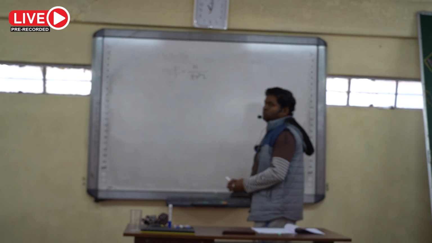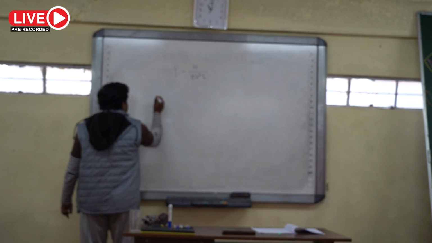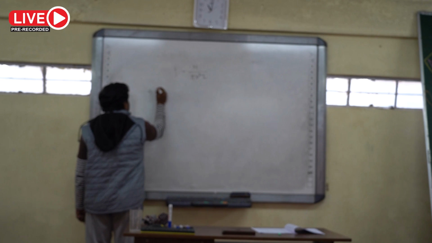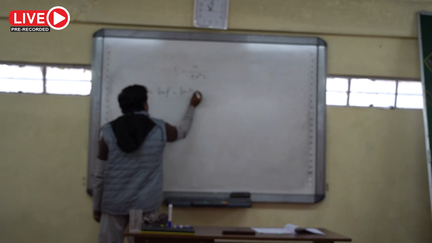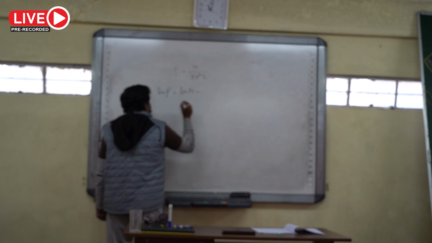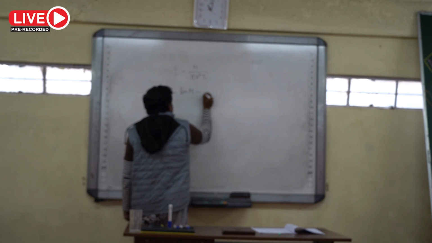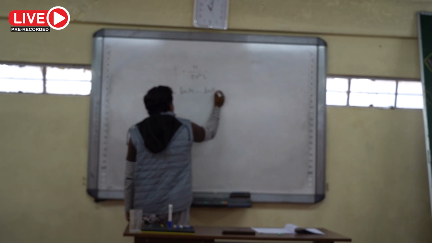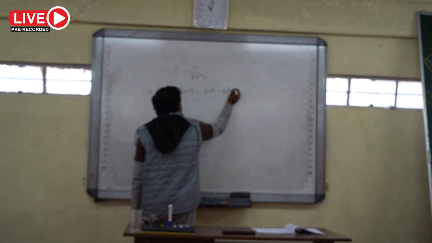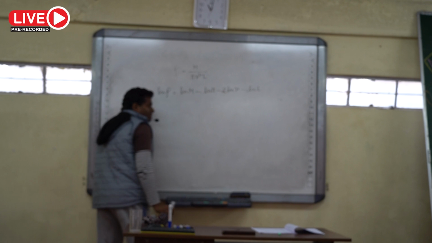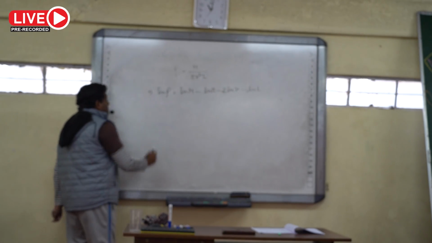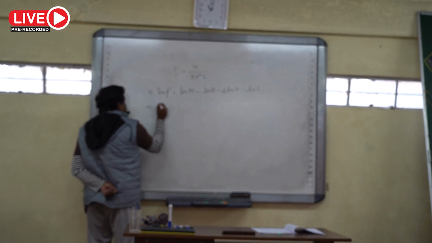Now from this, just take logarithm on both sides. Then it will be log rho equal to log m minus log pi minus 2 log r minus log L. Now calculate the total derivative on both sides.